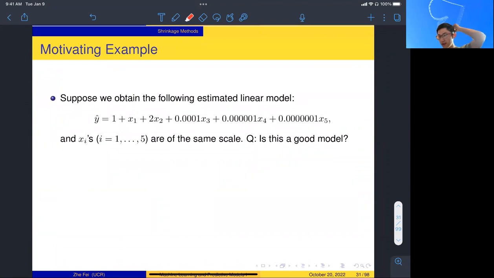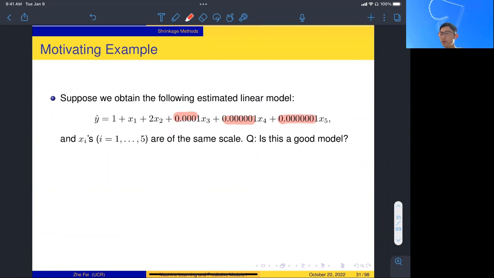So here's one motivating example, that's very simple, but helps us understand the idea. Let's say we have this estimated linear model, it is hypothetical, with arbitrary coefficients that are really small.